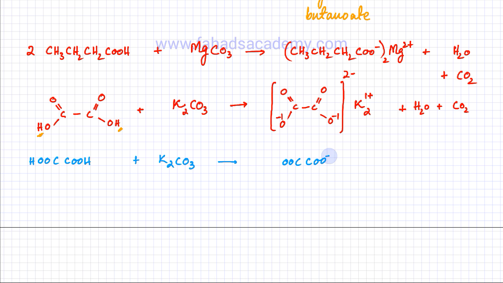A -1 charge on this side and a -1 charge on this side, and K+ would be on one side and K+ would be on the other side. This is another way of writing the same thing. So this ion over here would be surrounded by two K+ ions, and there's going to be a water molecule produced and a carbon dioxide molecule produced along with it.